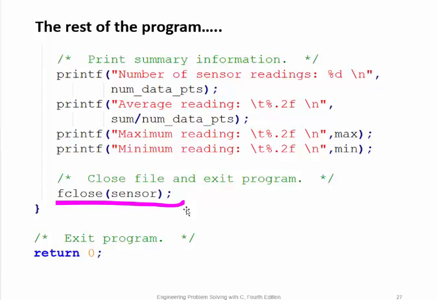The file you just opened and read data from must be closed. If you don't close it, one thing you can do is corrupt your disk. The next thing you can do is, the next time you try to do something with that file, the next time you open it, maybe you want to delete it, you're going to get some kind of message that that file is not available. So very important to close your file.